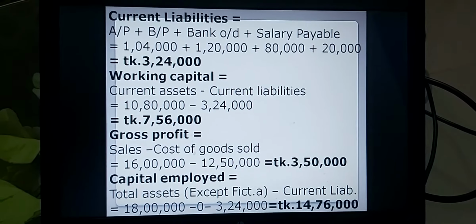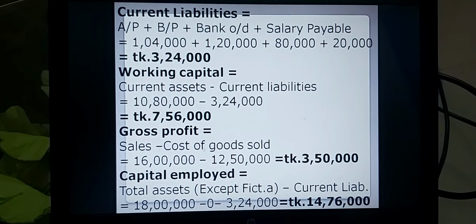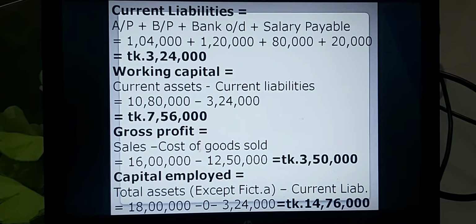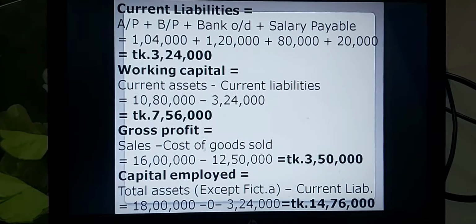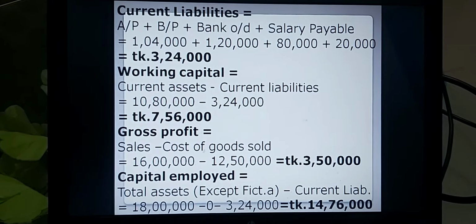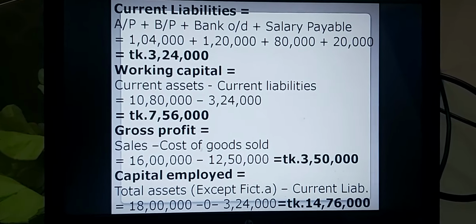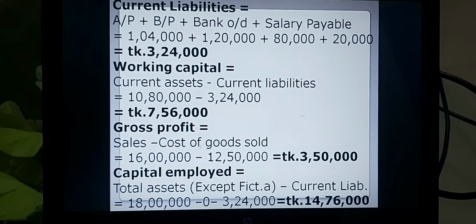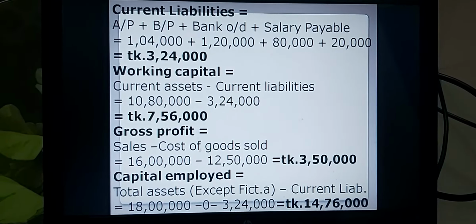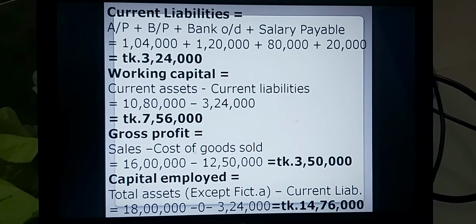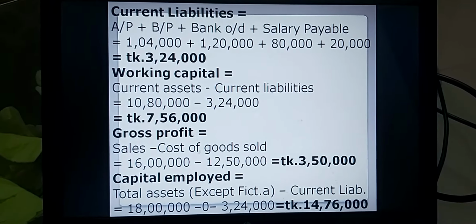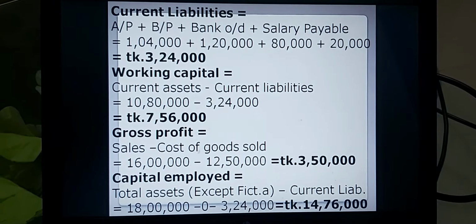From the stem, accounts payable is taka 1,04,000, bills payable is taka 1,20,000, bank overdraft is taka 80,000, and salary payable is taka 20,000. So the total amount of current liabilities is taka 3,24,000.